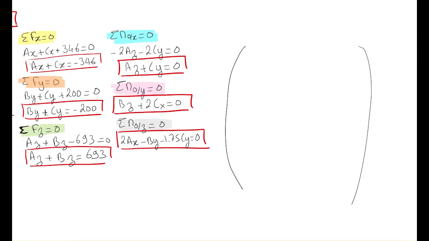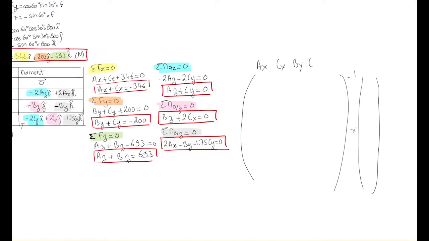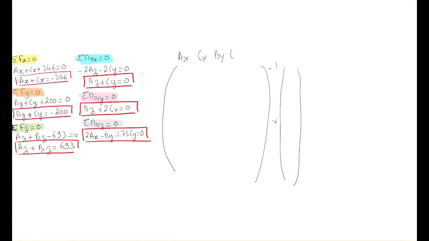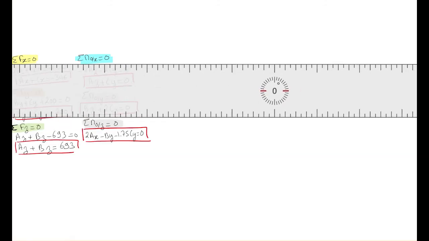That's my crazy matrix, the inverse times the matrix with everything I know. Okay, so let's write in this order: AX, CX, BY. I need more space, so I will use the ruler to have something nice.